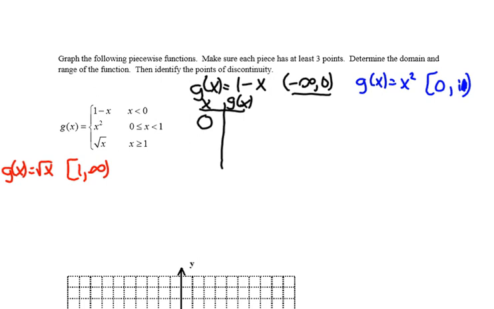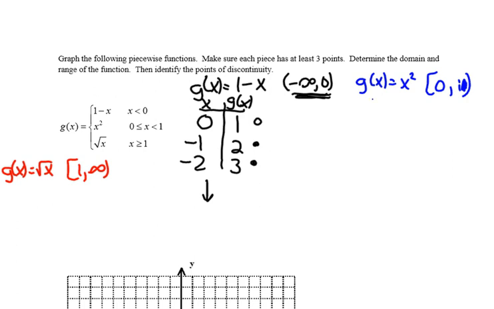Plugging in 0, you get 1. 0 is not in the domain, so that is an open circle. So what is -1? Well, plug in, you get 2. -1 is in that domain. That's a closed circle. -2, that's 3. Again, -2 is in this domain. That's a closed circle. Draw me an arrow to remind me that it's going to go on forever in one direction.